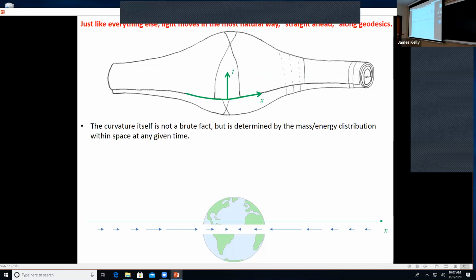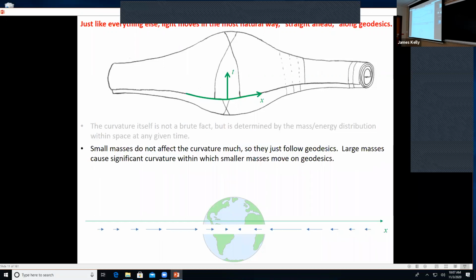And general relativity, in a very complicated way, tells you how to figure out what a consistent way to have a collection of masses and the associated space-time would be. Now, small masses don't affect the curvature much. So if I have a little tiny rock, it's not like it's strongly curving space-time in this region. That's not true for a black hole or a huge star or something like that.